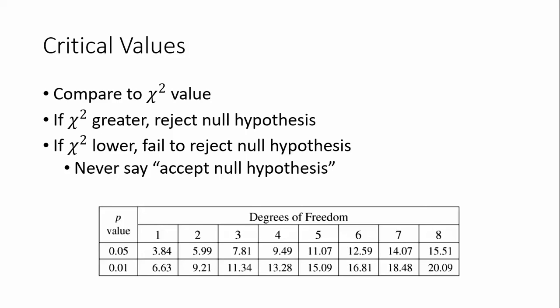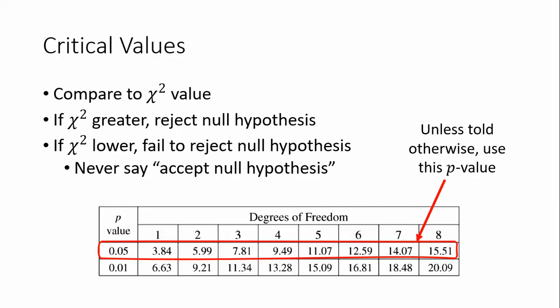And so what you're going to do is, based on what your degrees of freedom is, you're going to use that number to select what's called a critical value. And unless you're told otherwise in a question, we always use this top row for what is called a p-value of 0.05. And I'll explain p-value on the next slide. And so in the previous slide, we had 1 degree of freedom.